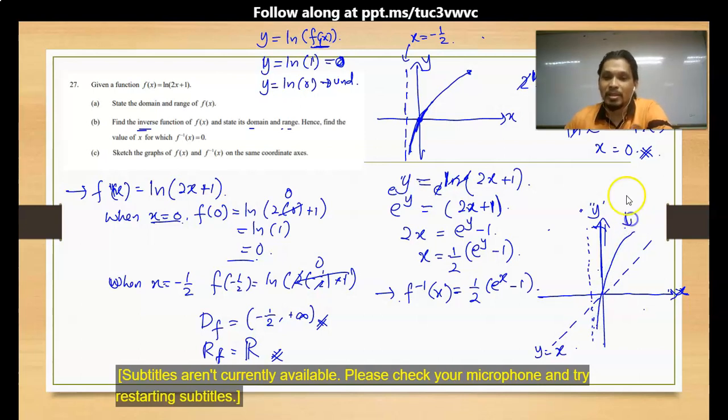So this is the graph of f(x), and its inverse. Just imagine that this is the vertical asymptote x equals negative 1 over 2, and this is the horizontal asymptote, which is y equals negative 1 over 2. So the graph in blue here is f(x), then the graph of this.